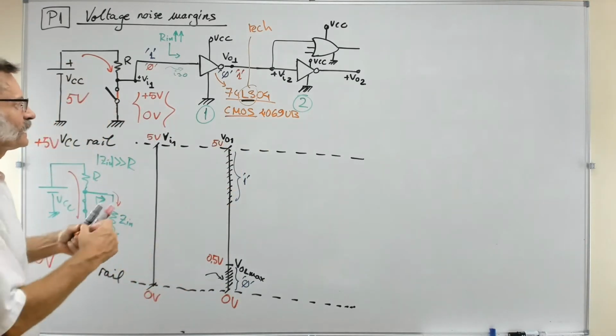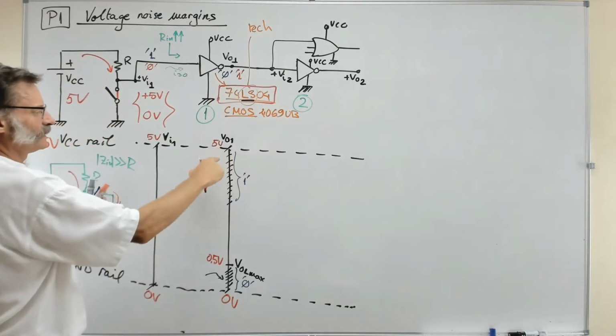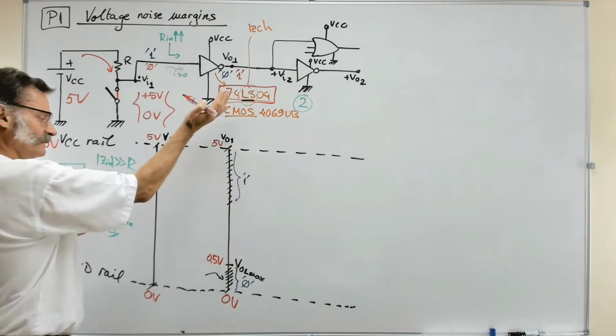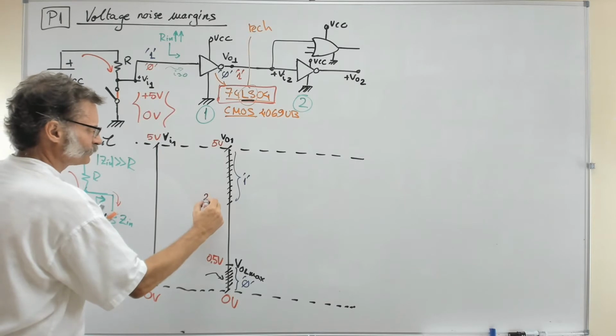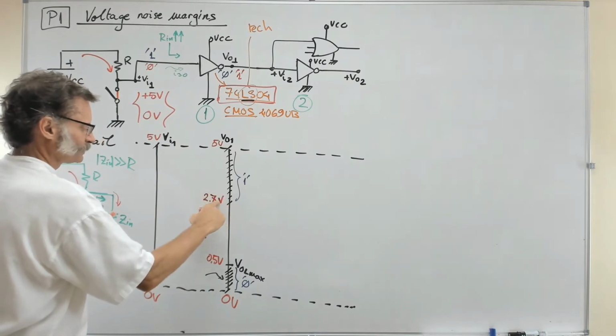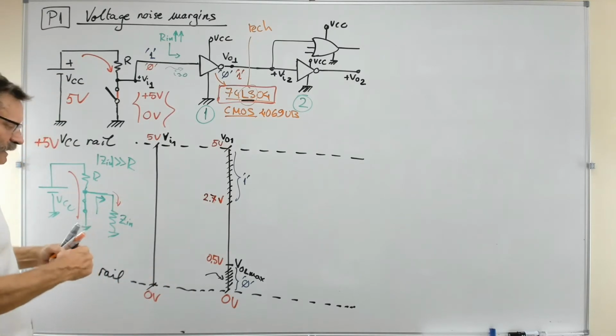But if we keep to this one, all the explanation to this one, we have from 5 down to, let's say, in the data sheet, I remember, 2.7 volts. So down there to 2.7. And in between, nothing.